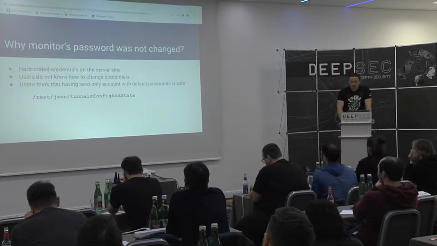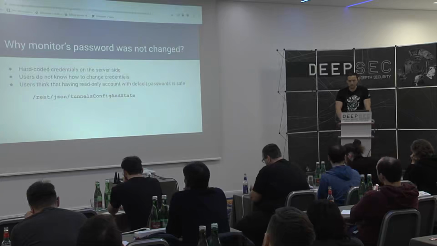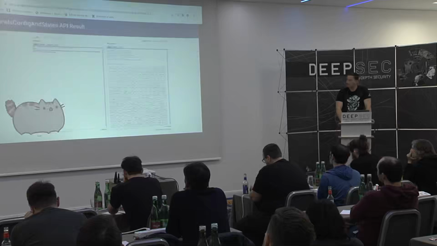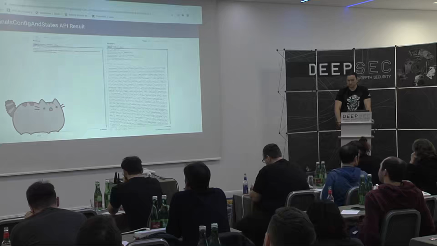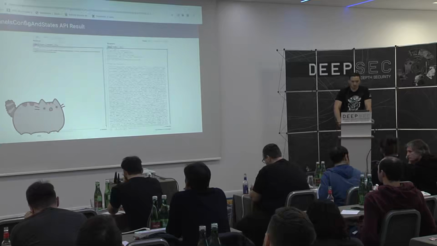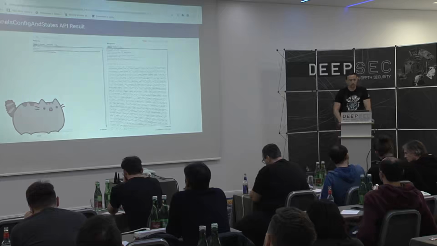But there is one interesting point called tunnel config and state. Two things. First, that method allows extracting all information regarding IPsec tunnels. And second, some of that information is not available via the traditional Web UI, only via the REST API.